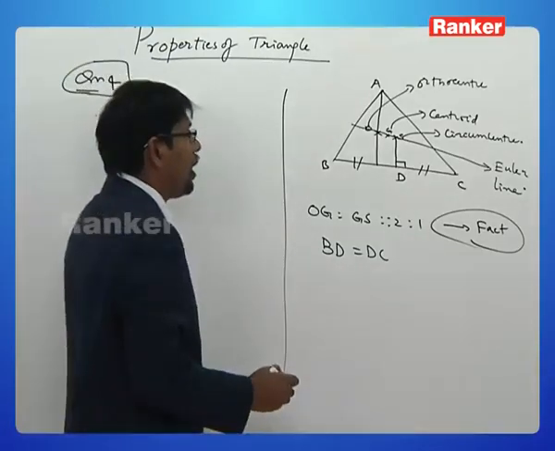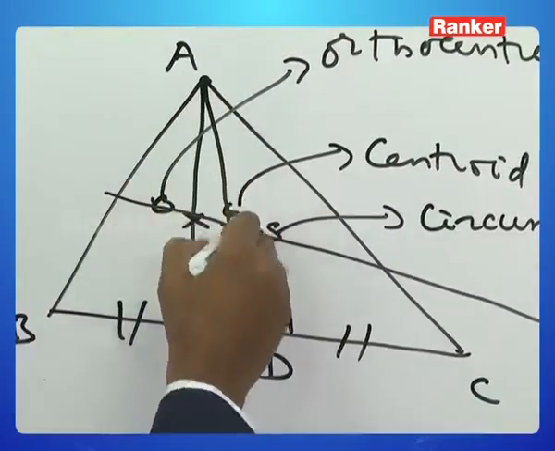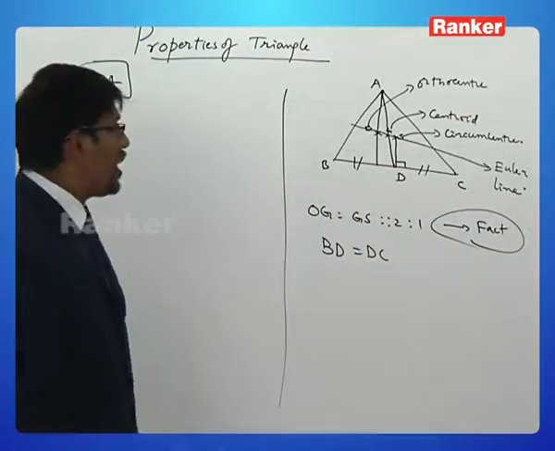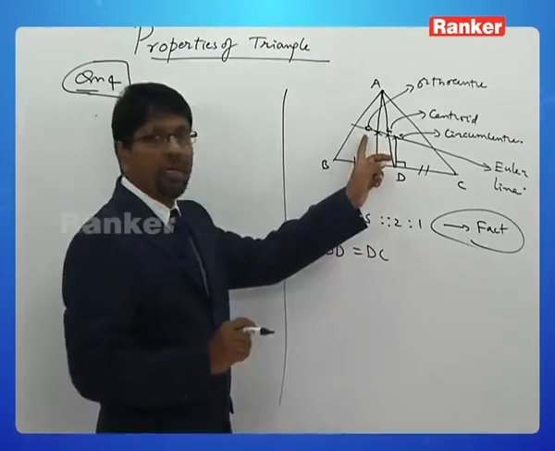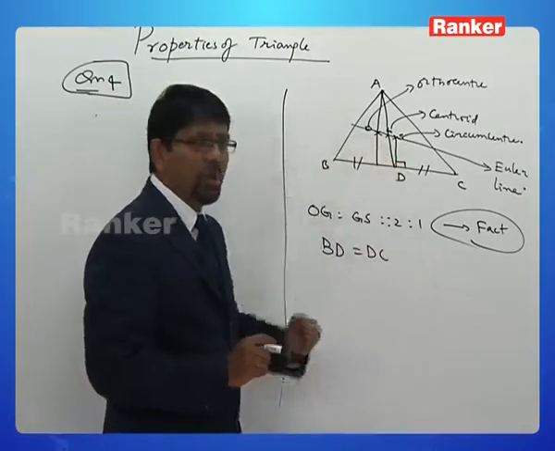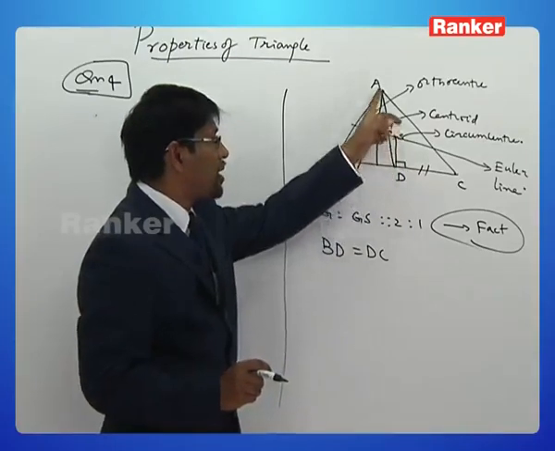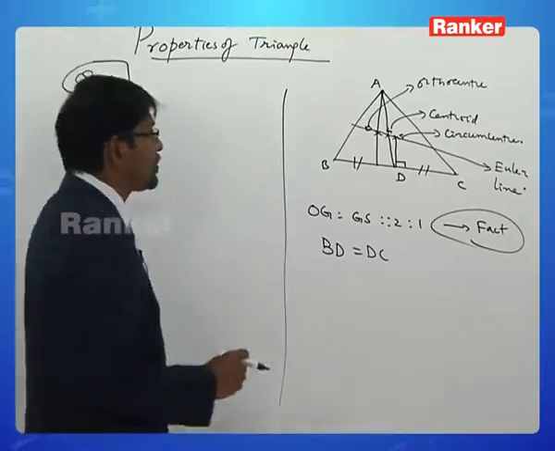Now let us join AD. That AD line will definitely contain the centroid, and the centroid also lies on this line OS. So the point of intersection of these two lines, AD and OS, has to be G.